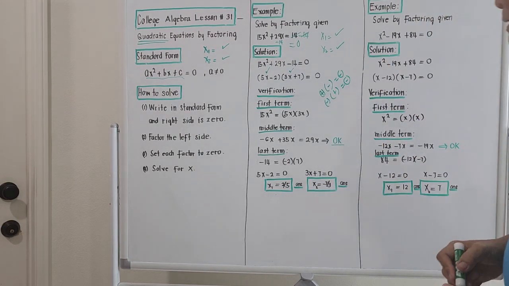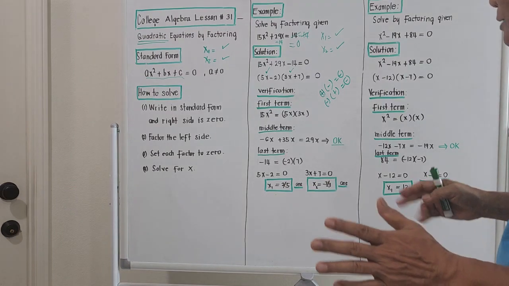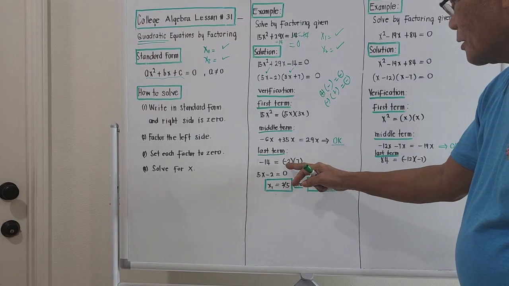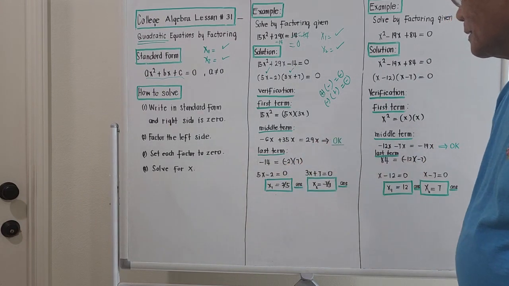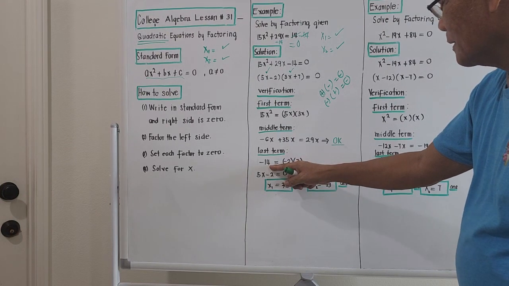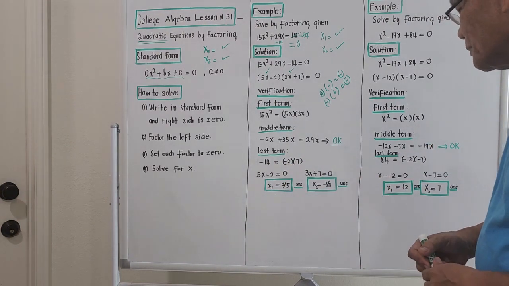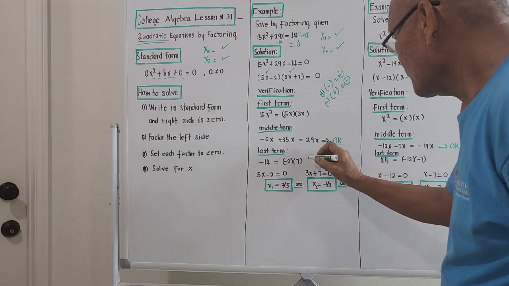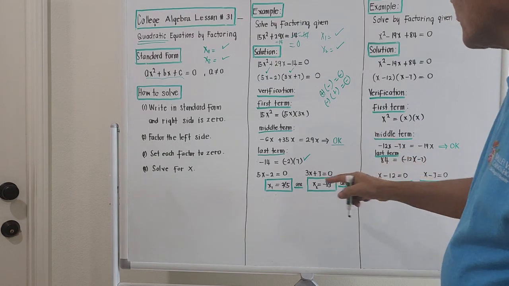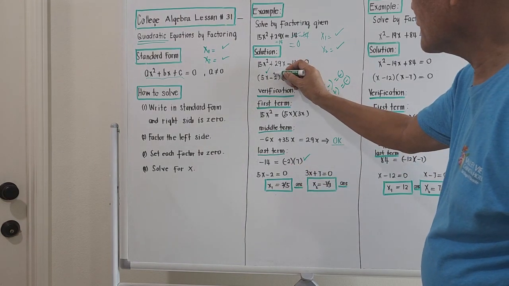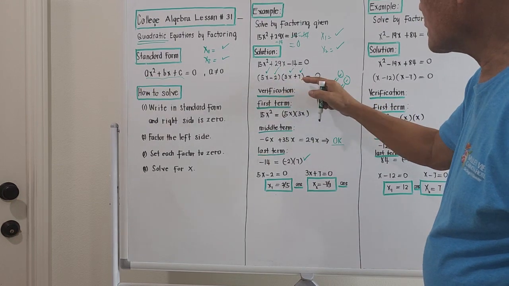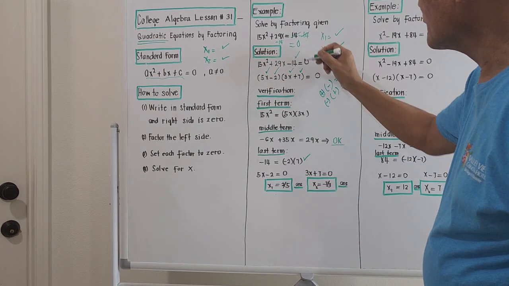So we'll consider for the meantime that negative 14 can be written as the product of negative 2 times 7, because negative 2 times 7 will be negative 14. So we will place negative 2 here, and this is plus 7, because a negative 2 times a plus 7 is actually negative 14.